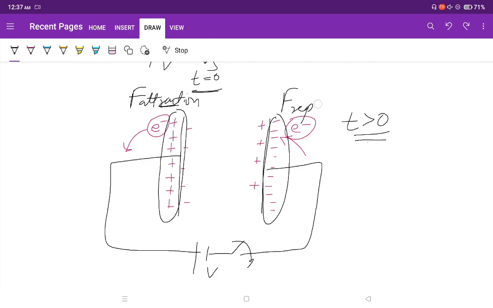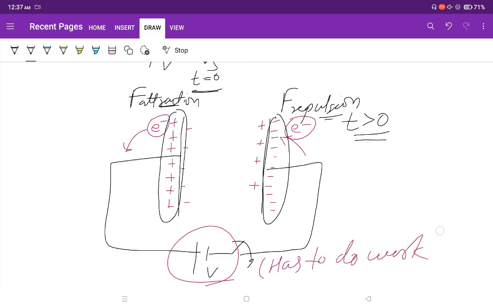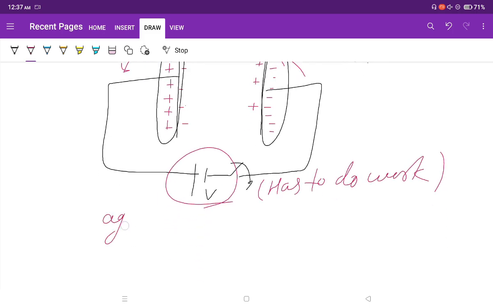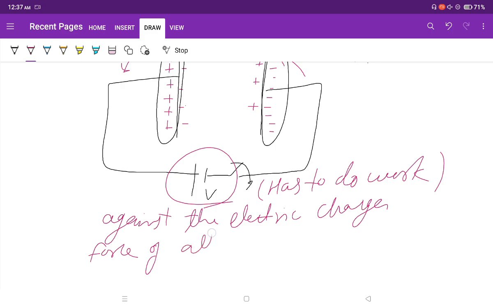Here a force of repulsion. So this battery has to do work against the electric charges' force of attraction and repulsion.